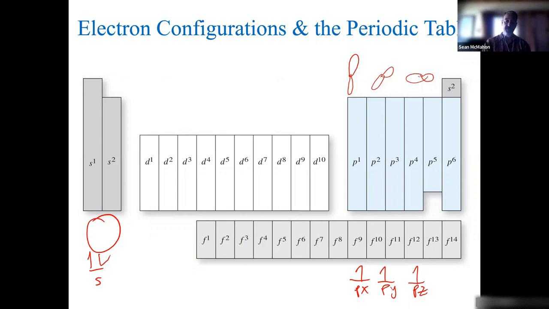So if the next electron has a choice to go into px, where there's another electron that repels, or an empty py, it's going to go into the py. So typically they go into empty orbitals with parallel spins, and then once all the orbitals are halfway filled, you would start filling them up. Okay.